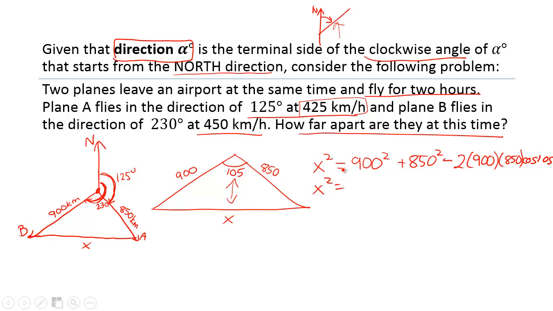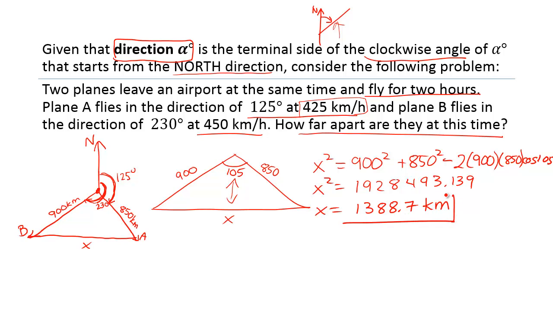So we just need to plug that into your calculator, 900 squared plus 850 squared minus twice 900 times 850 times cos 105. And that should give you this big, huge number. And square root that, and you get 1388.7 kilometers. Fancy that.